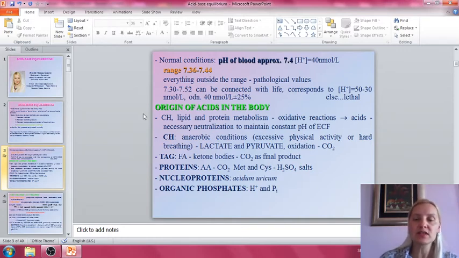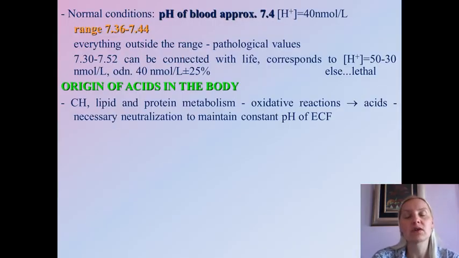But what about the origins of acids in the body? So we know that carbohydrates, lipids, and proteins can be degraded or can metabolize in a number of oxidative reactions, yielding the formation of different acids.